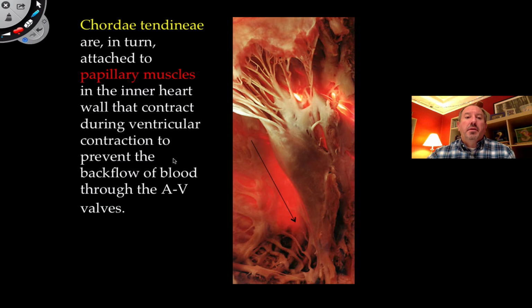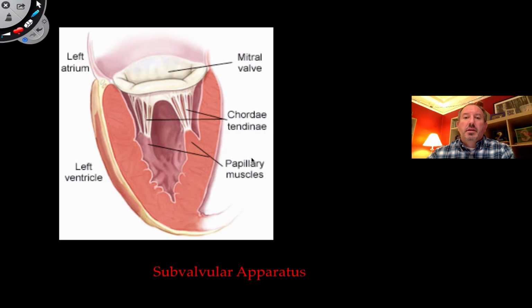They prevent backflow ultimately back into the atria. And so here's another diagram of this. We have these papillary muscles right here and right here, and there are various tendon-like heartstrings that are attached to the mitral valve.